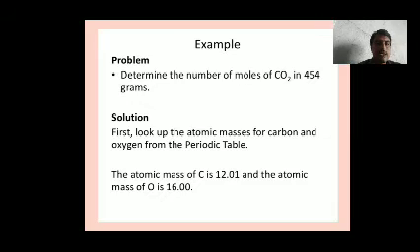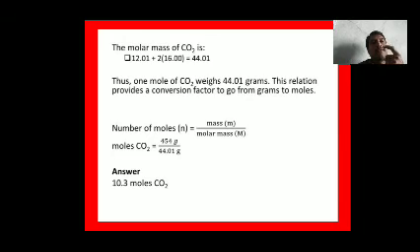The atomic mass of carbon is 12.01 grams, and the atomic mass of oxygen is 16 grams. The molecular mass of CO2 is 1 carbon plus 2 oxygen: 12.01 plus 2 × 16, which equals 44.01. Thus, 1 mole of CO2 weighs 44.01 grams.